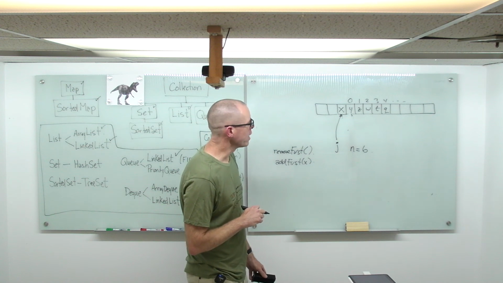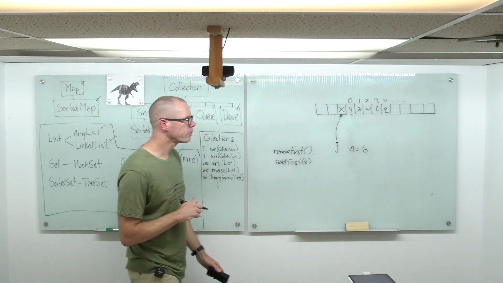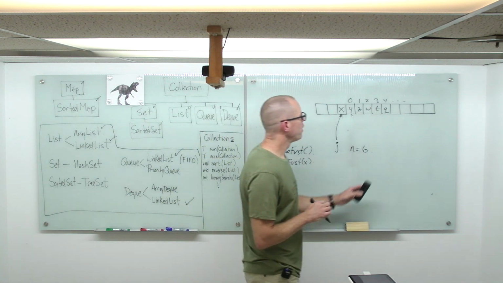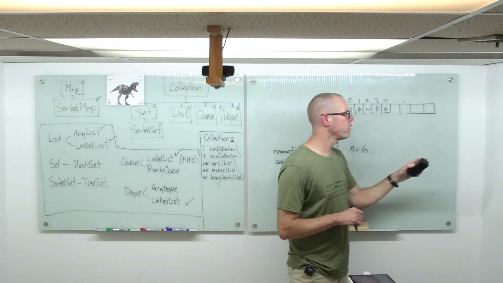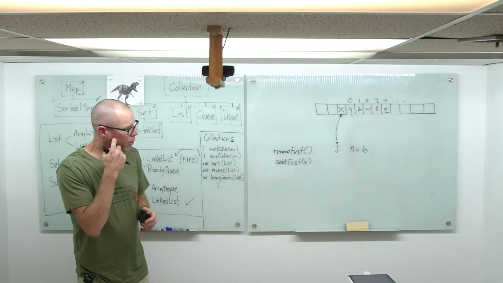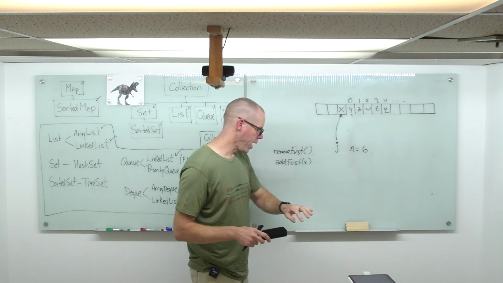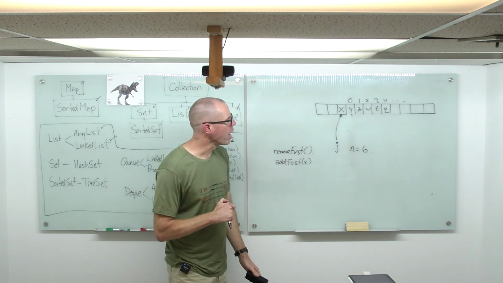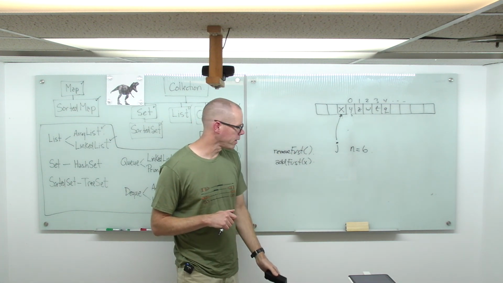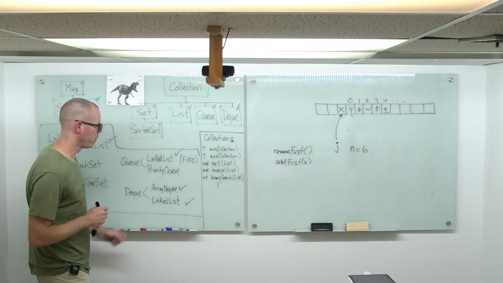And adding at the end is increasing the value of n and putting a new thing there. Okay. And that all works fine as long as you don't run off this end or run off that end. But we've seen already that even with ArrayList, there's a problem of running off the end. And I kind of waved my hands and said there's a technique for handling that, and we'll see that technique. Well, we'll see two techniques for handling that with array decks. But that's the other implementation of a deck.